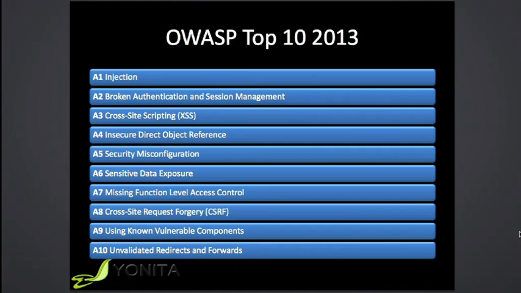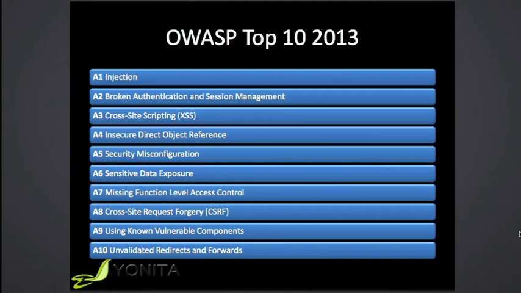So let's move to the top 10 security risks according to OWASP. The last list was made in 2013. And it's based on some sort of statistics from many companies.